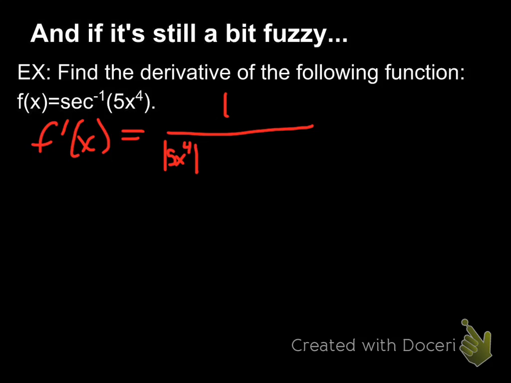Right? And then times this, if I remember right, the square root of x squared minus 1. Remember that that's actually 5x to the 4th squared minus 1, times the derivative of the inside, which I think is 20x to the 3rd.